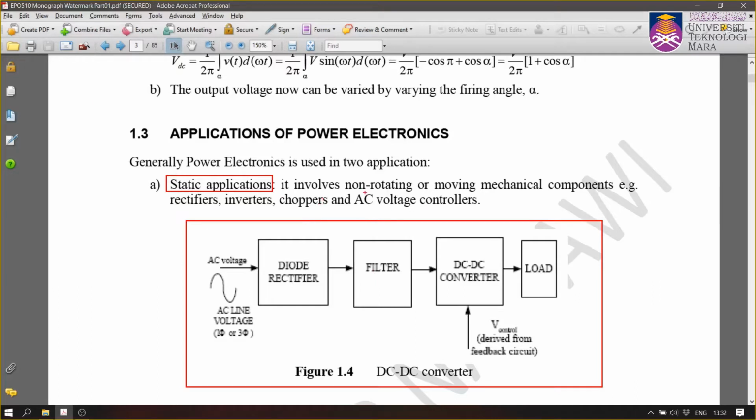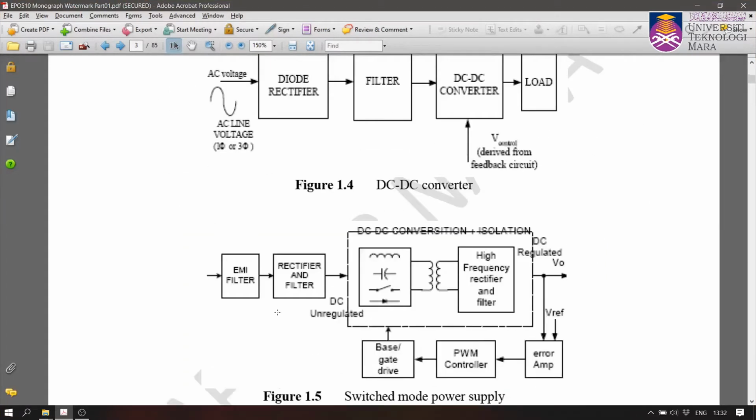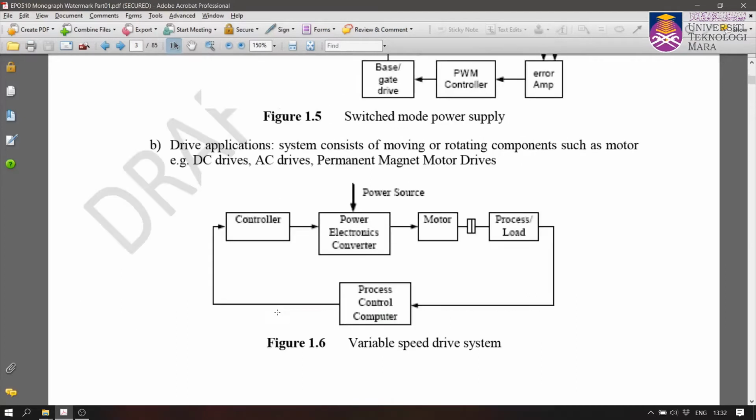It involves no rotating or moving mechanical components. But whenever you use it for the drive, for the motor, then it is known as the drive application. Next semester, in semester 6, you're going to learn about electric drives. Then you will see these drive applications a lot.